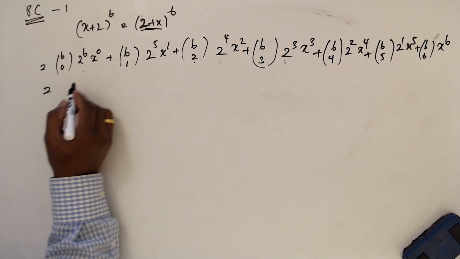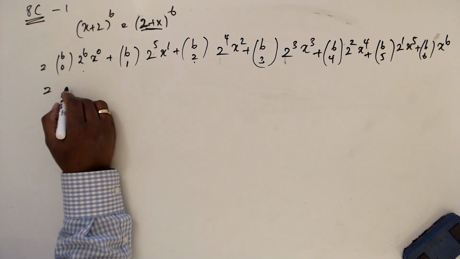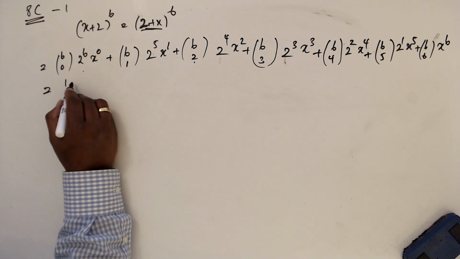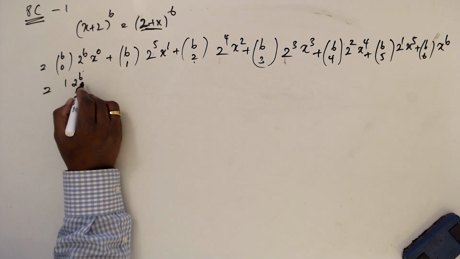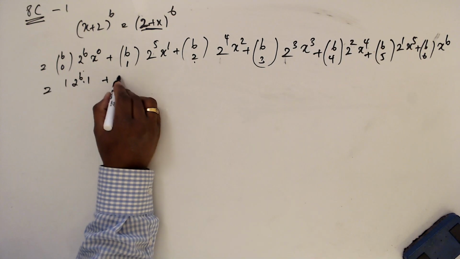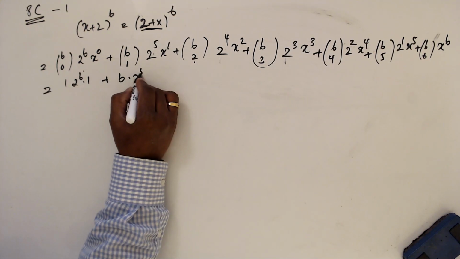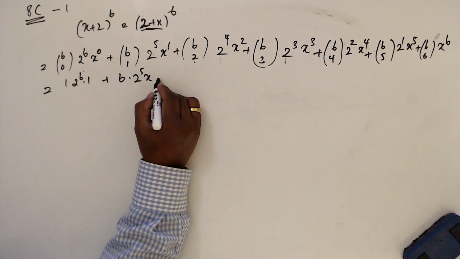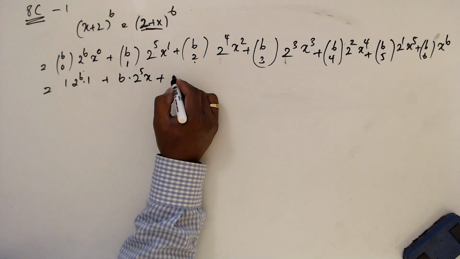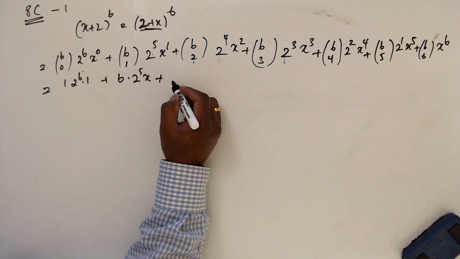Now this is going to be 1 times 2 6 times 1. This is 6 times 2 5 x1, then plus this is what is 6 2, 6 3.